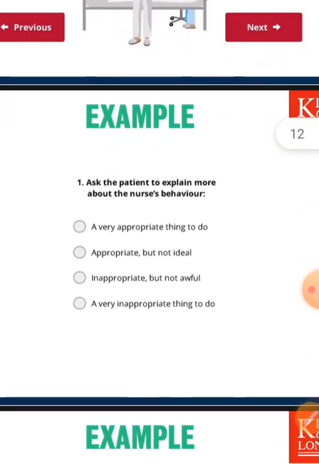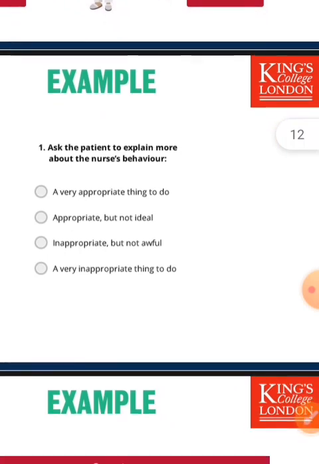The first response is that Dr. Barnes asked the patient to explain more about the nurse's behavior. So is this a very appropriate thing to do? Appropriate but not ideal, inappropriate but not harmful, or a very inappropriate thing to do. So we are going to select.